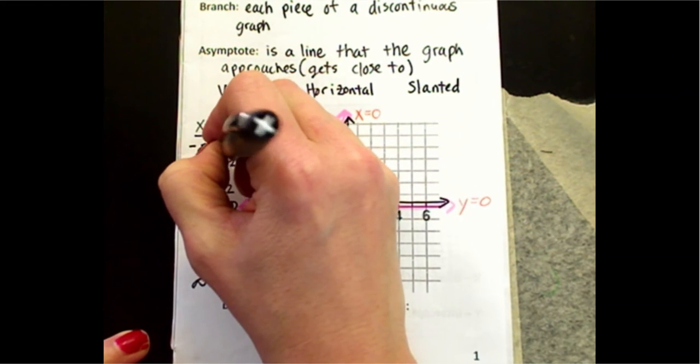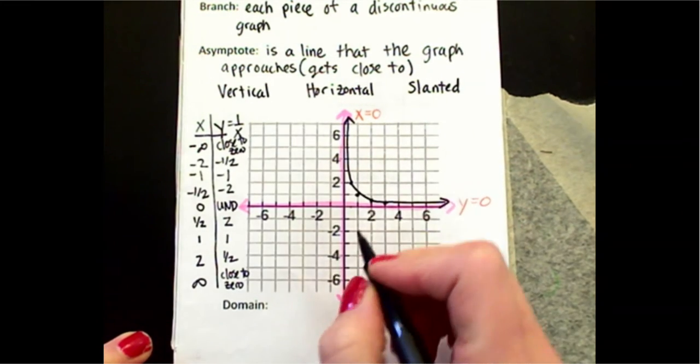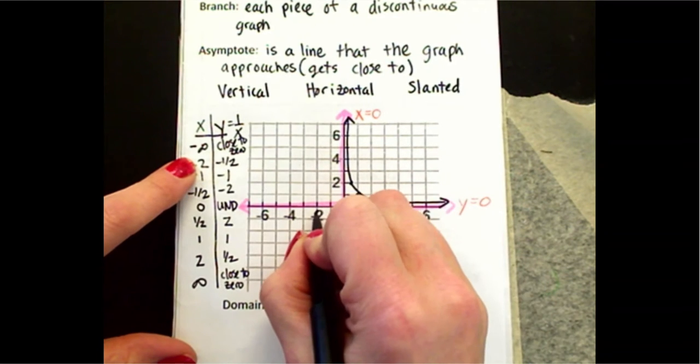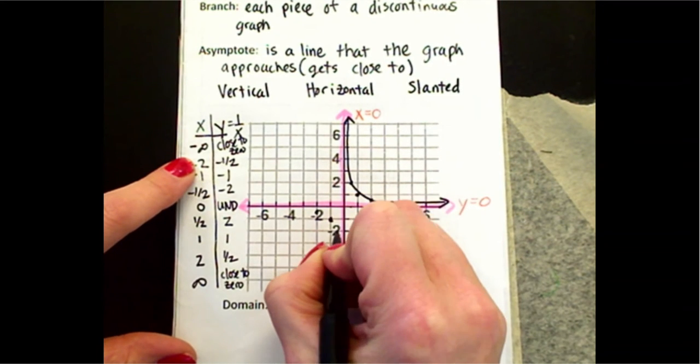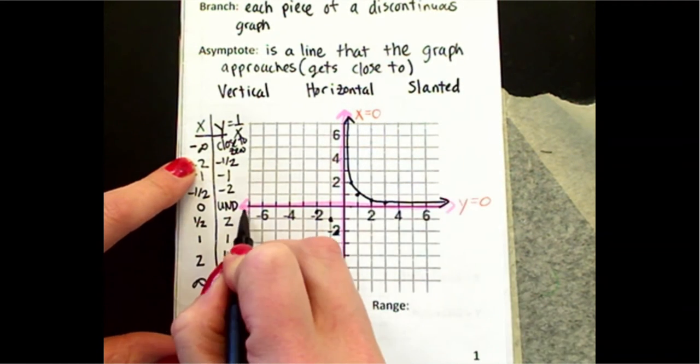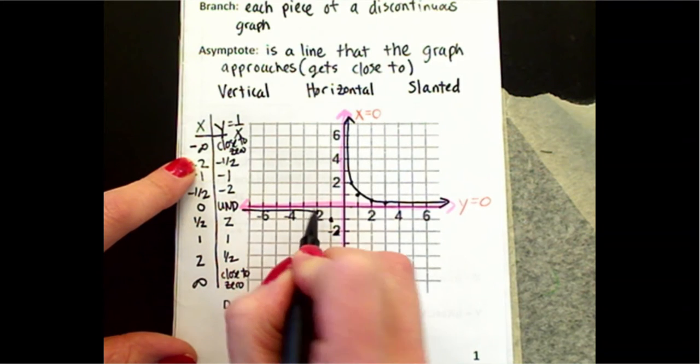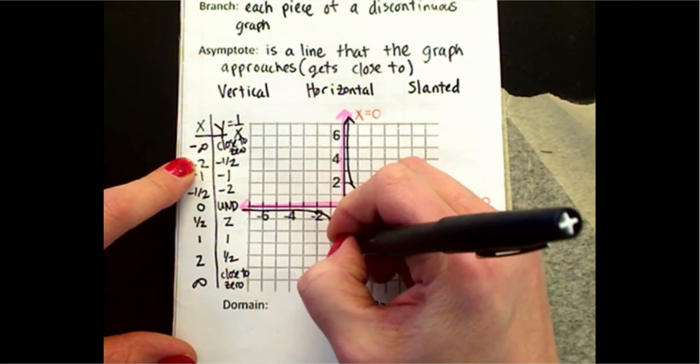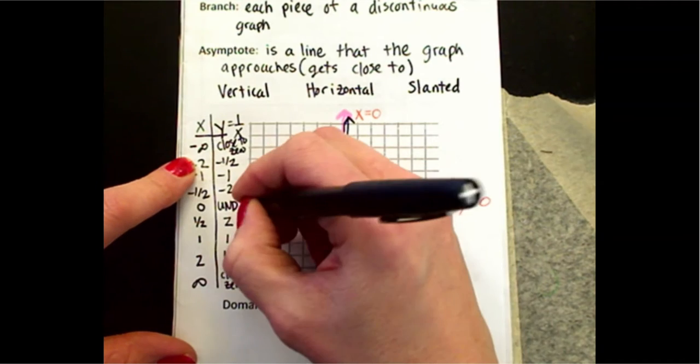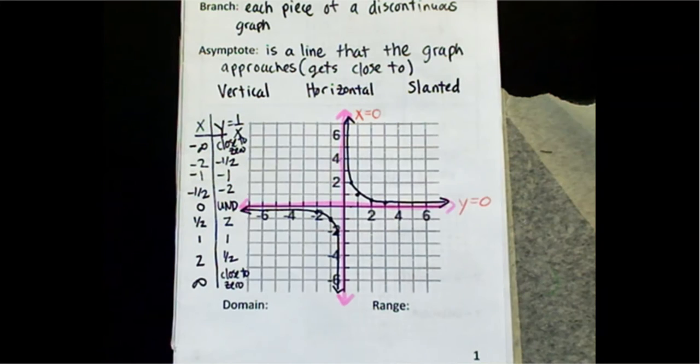Close to 0. And so I'm actually going to plot the points that I have here. And this is going to be a symmetric shape to what's in quadrant 1. This one just happens to be in quadrant 3. Because if you take the reciprocal of a negative number, it's still negative.